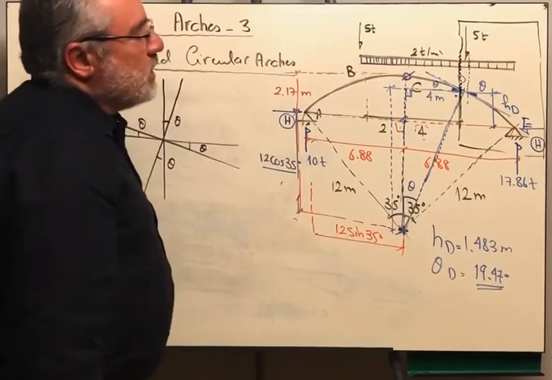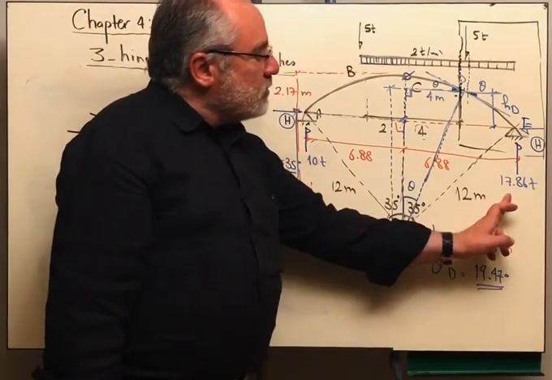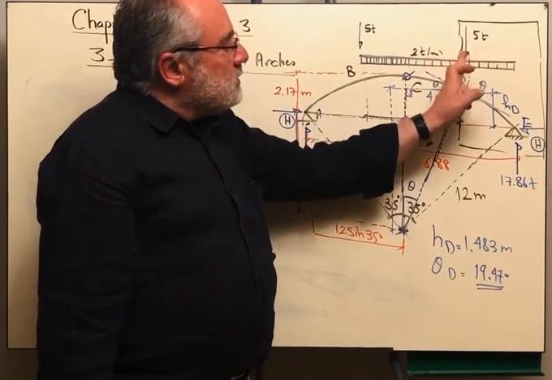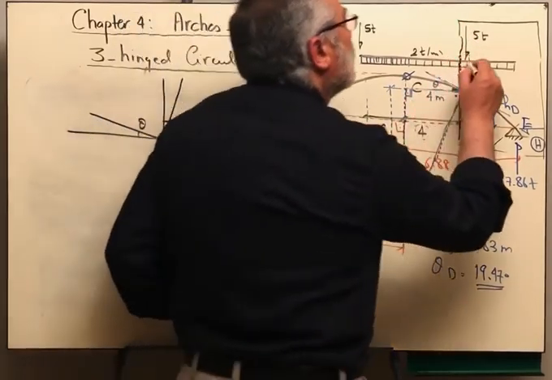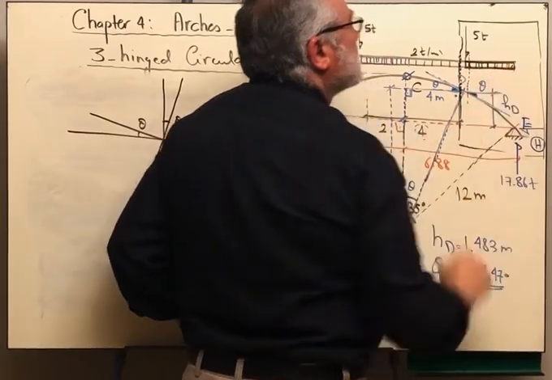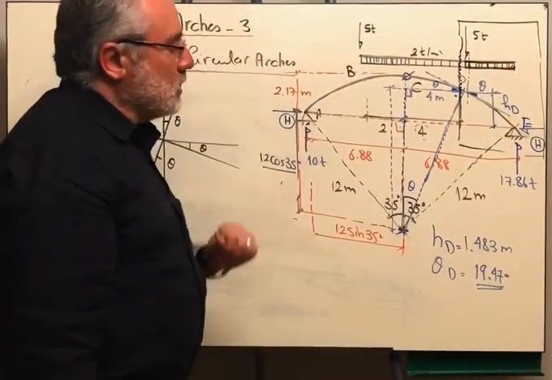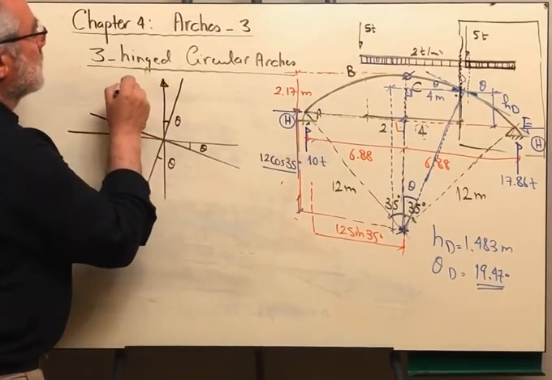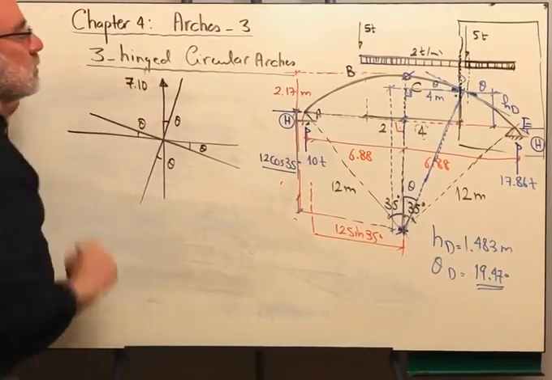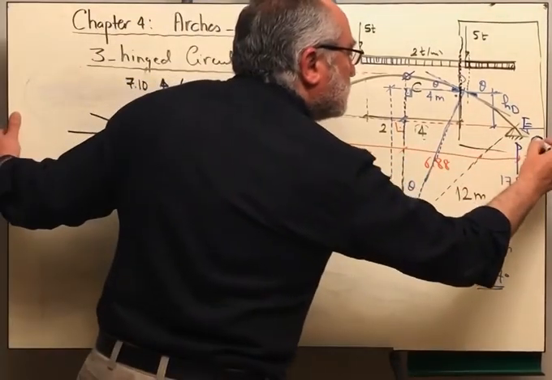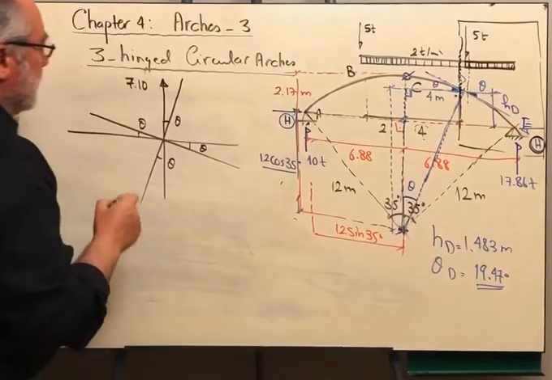What forces will be included? I will have the 17.86 upwards and the 5 tons downwards, and the portion of the load here, which is 2 times 2.88 downwards. So the result will be 7.1 upwards. Okay? And we are having the horizontal reaction, which is 25.25.